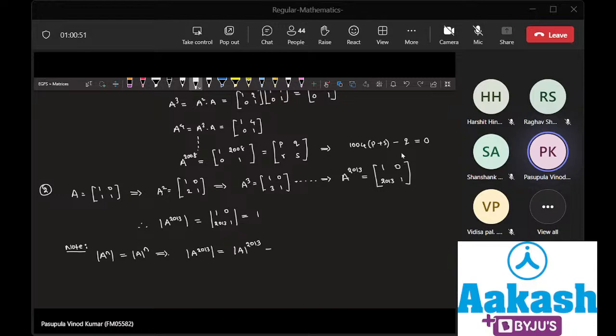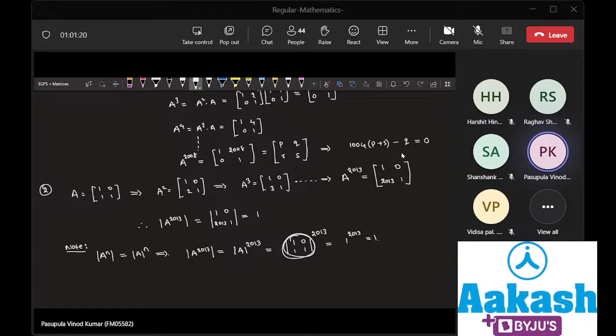What is the determinant of A? It is 1 0 1 1, which gives 1. So 1 power 2013 is 1 only.